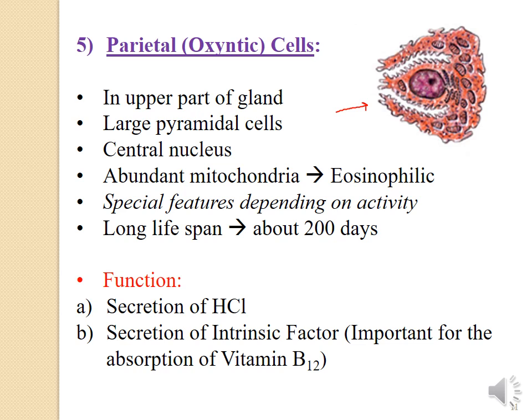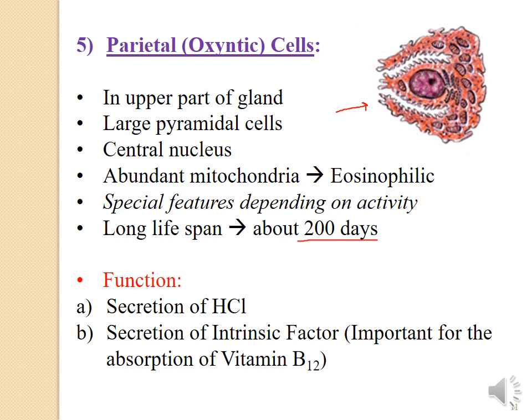Also, it has a long lifespan, about 200 days. Most of the cells of the gastric epithelium and the gastric glands have a shorter lifespan. However, parietal cells have a relatively long lifespan of about 200 days.